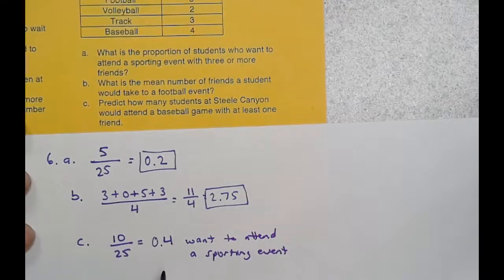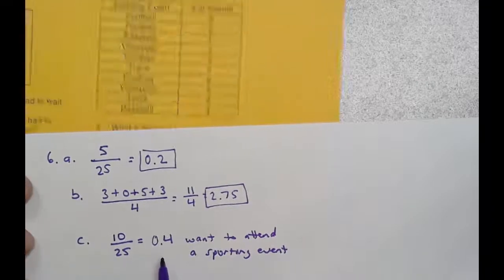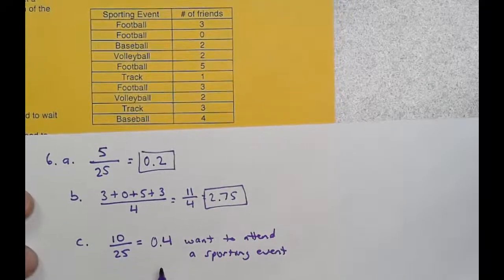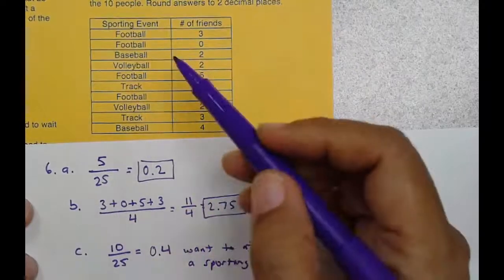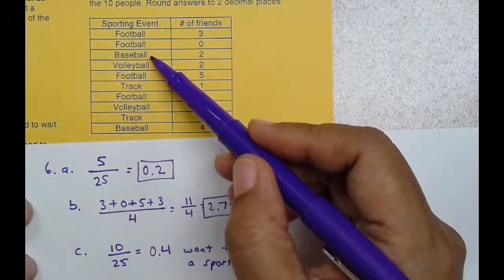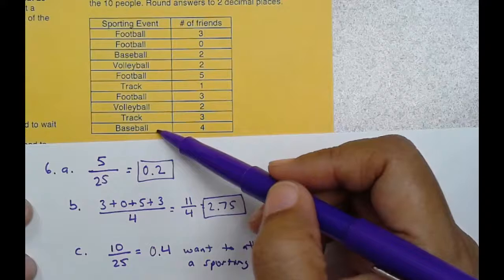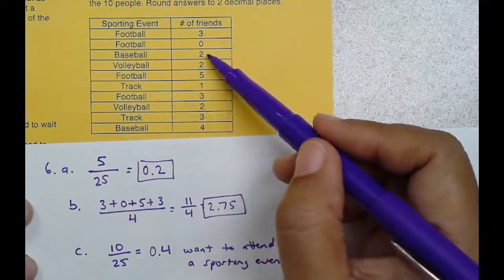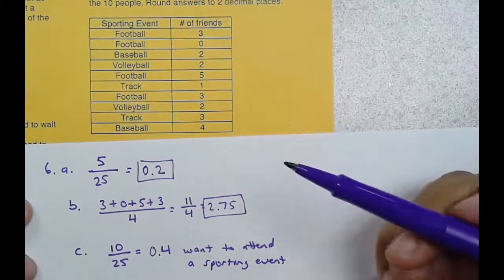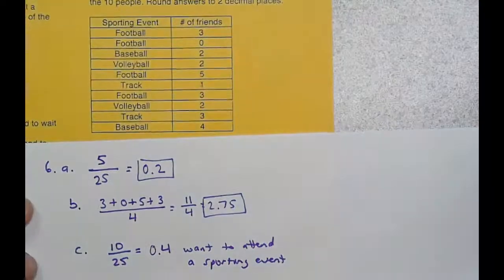So now of those, we want to find out how many actually would like to attend baseball. So how many total people had baseball as their choice? So we have 1, 2, and both of them had at least 2 or more friends. So it's both of them.